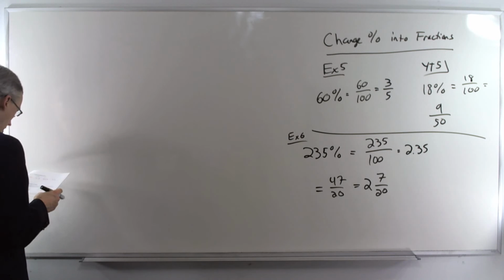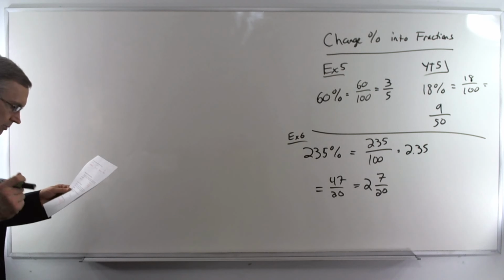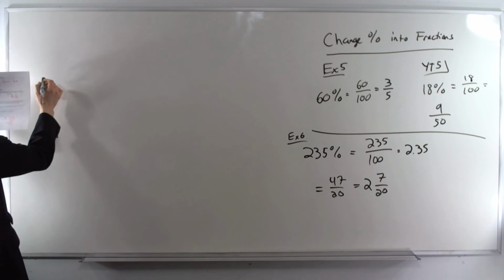Changing 375% to both an improper fraction and a mixed number.